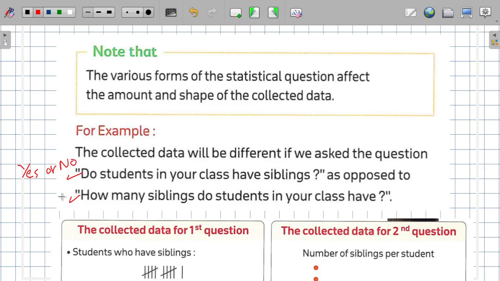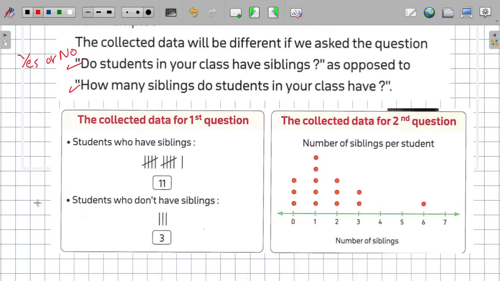Okay, but here I will get different answers because I asked about the number of siblings. So the collected data from the first question will be like this. Students who have siblings is 11 students, and students who do not have siblings, I think it will be 3.